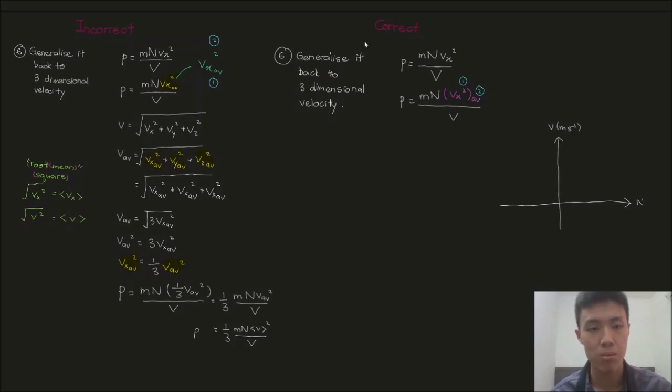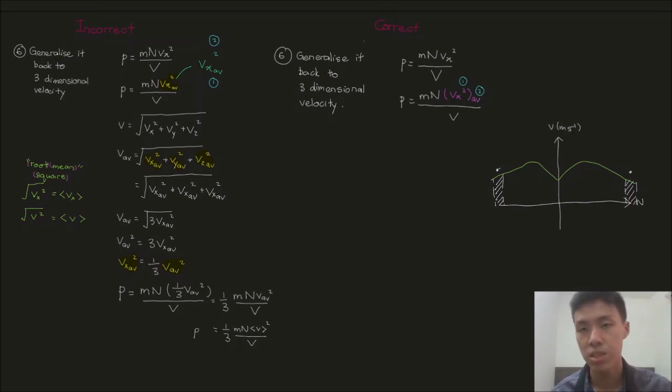But essentially, the number of particles having positive velocity should be equal to the number of particles having negative velocity. So the number of particles at this high speed region, for the negative direction and positive direction, should be the same number. If you take an average, this part and this part will eventually cancel out.